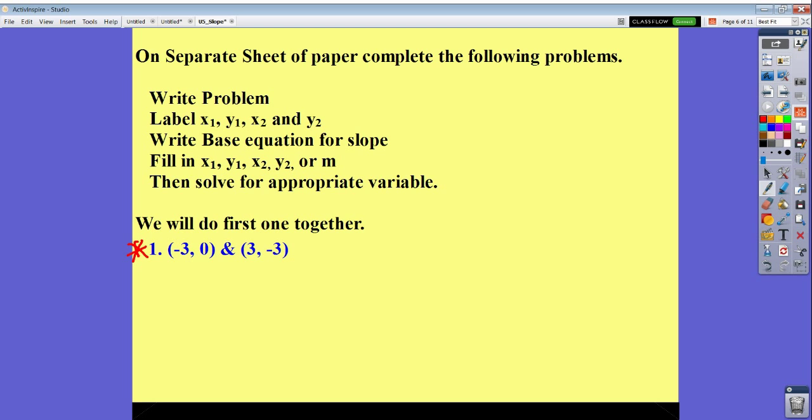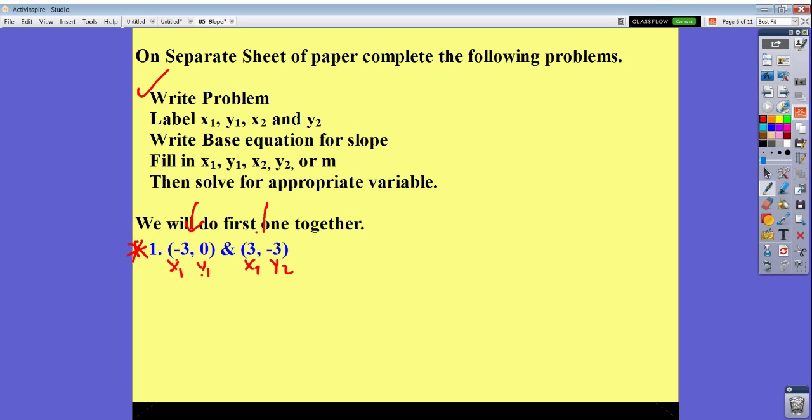I wrote the problem. The next thing we need to do is label x1, y1, x2, y2. So we have x1, we have y1, we have x2, and we have y2. Remember, it's always x comma y, and the reason why this is 1 here is because it's the first point.